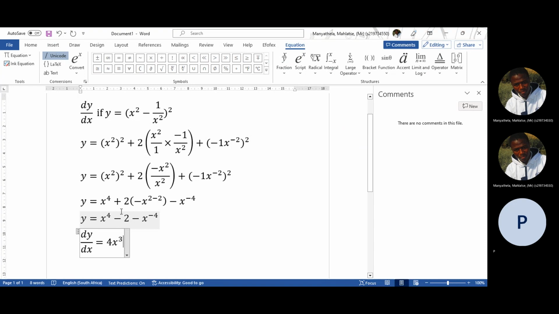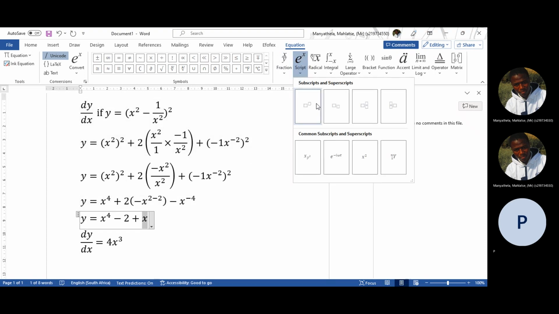So this one, we leave it, and then we go to this one. We have a negative 4 which is multiplying negative 1. No, this one must be positive. The reason why it must be positive is because when we squared it, it was negative.